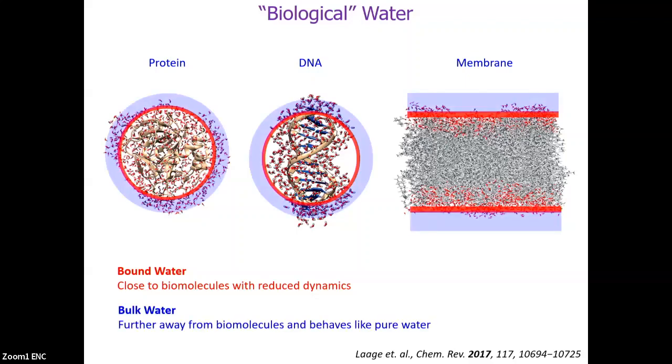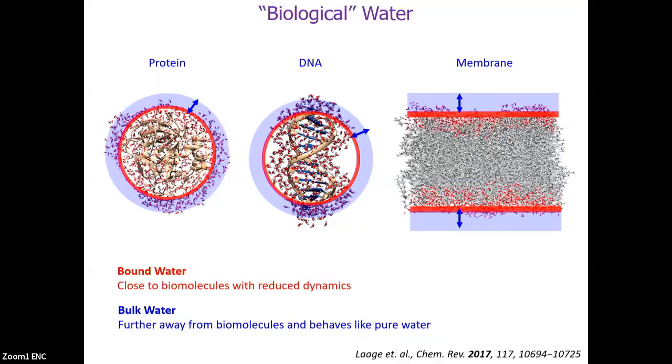And the other type is the bulk water that is further away from biomolecules and behaves like pure water. I'm going to refer to these 2 types of waters for consistency, as in the literature you may find that sometimes people refer to the bound water as confined water or rigid water or interfacial water, but they are basically talking about the same type of water that has reduced dynamics and is closer to the biomolecules.